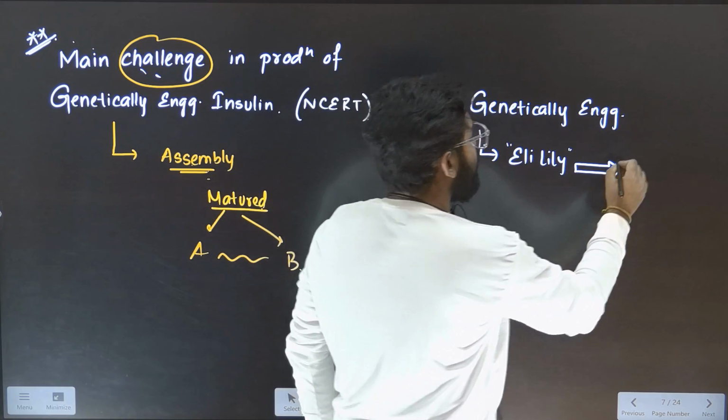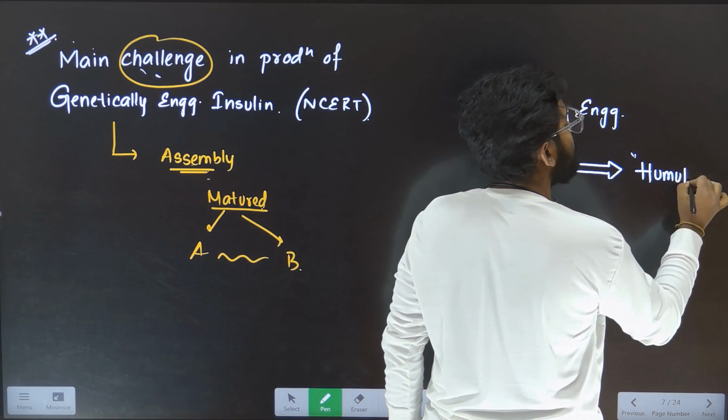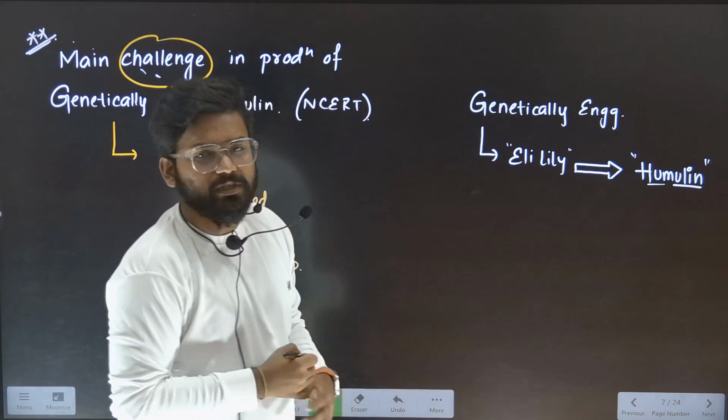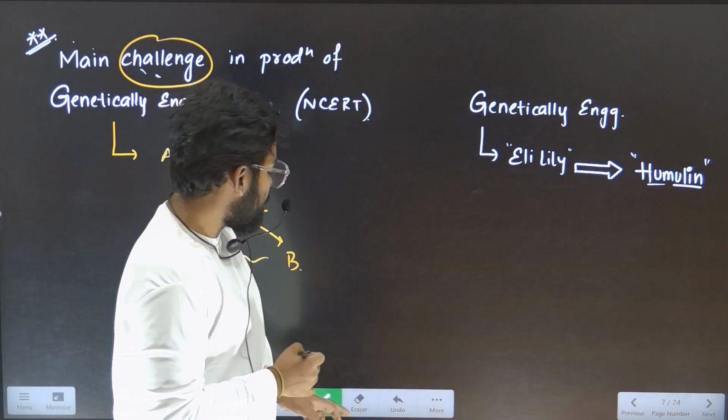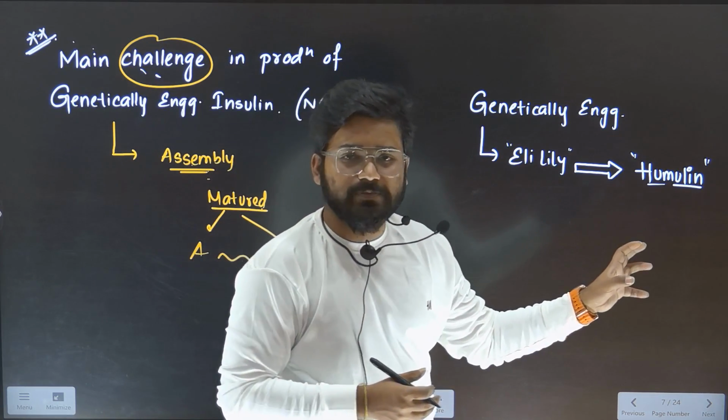So that is why the name was given humulin. The insulin having the source of human, the name was given humulin, and you can say it is a revolution in the field of science.